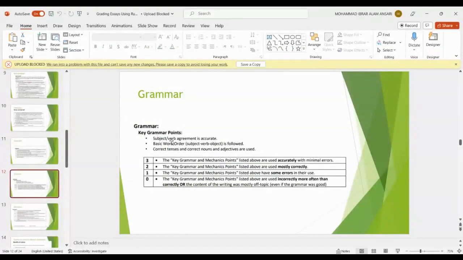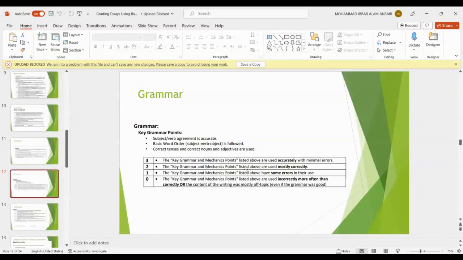These are key points related to grammar: subject verb agreement, basic word order, correct tenses and correct nouns and adjectives. So students do well in this area, like accurately or with minimal errors, mostly correctly, some errors, incorrectly more often than not. So they get different scores.